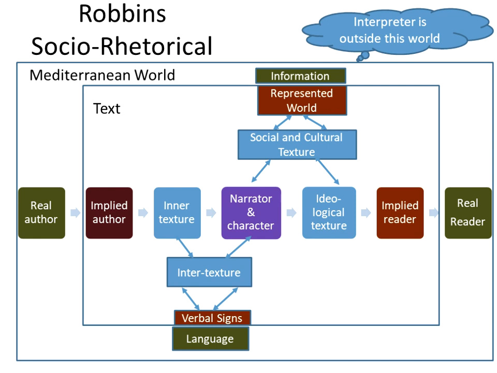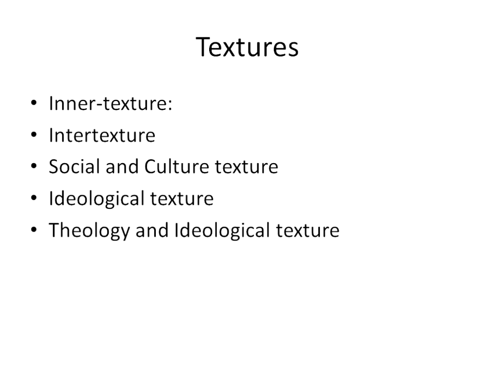That places the text within its implied world, an implied author, an implied reader, a world, and then beyond that, in the Mediterranean world, there might be the real author, information, and language. So interpretation and theology from that goes beyond that world.